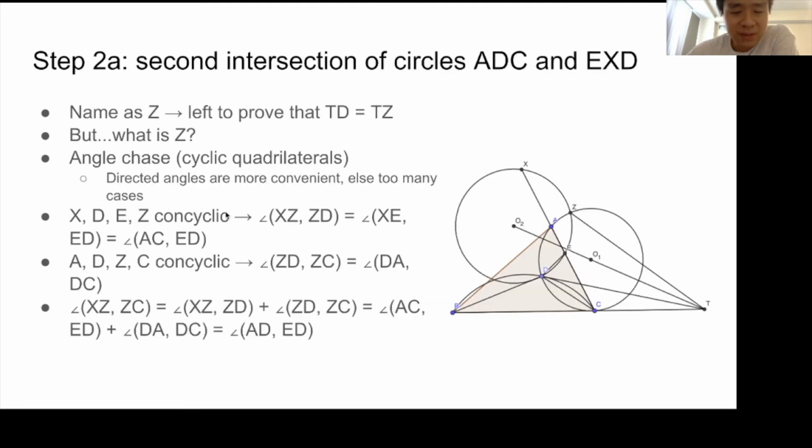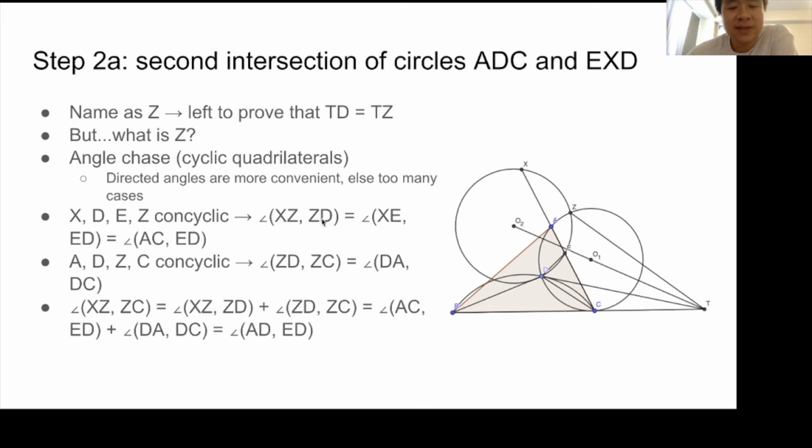And also for your information, because there might be too many cases, like for example whether the angles should be the same or supplementary, meaning that they add up to 180 degrees, when you deal with things like this, it might be better to use directed angles, meaning that you consider the angles in this form, which is like ∠(XZ, ZD).